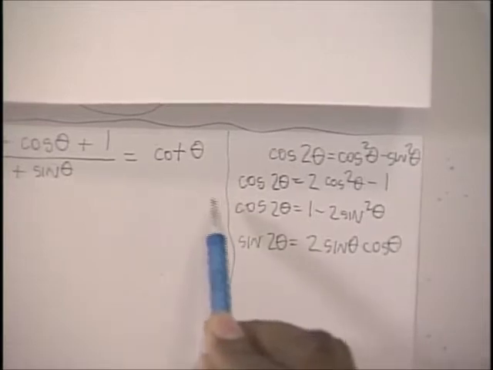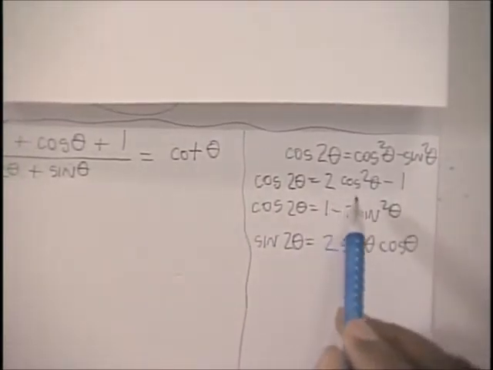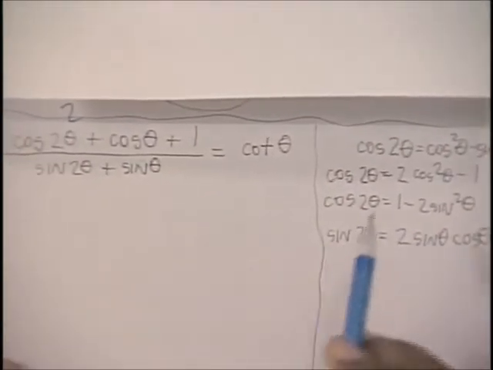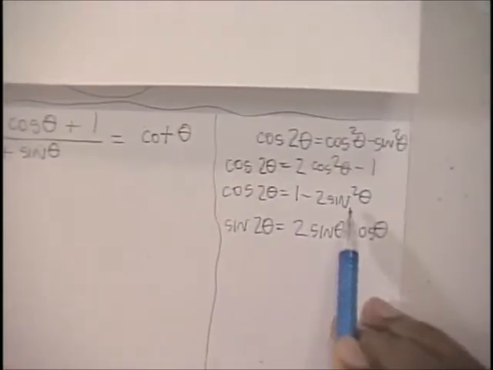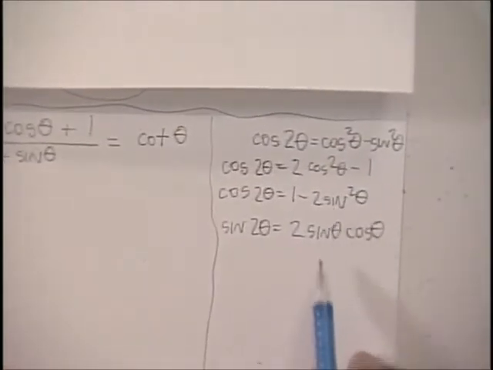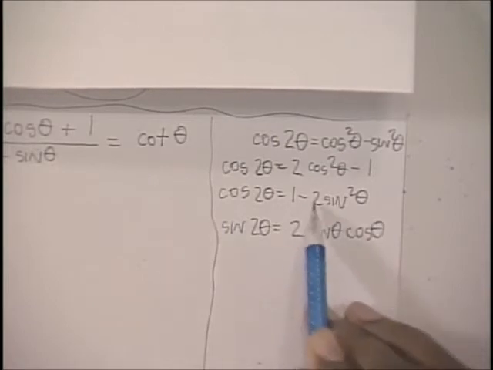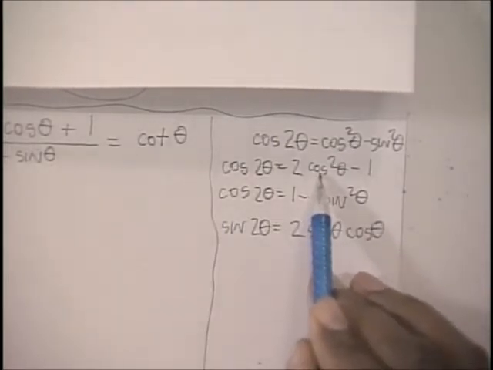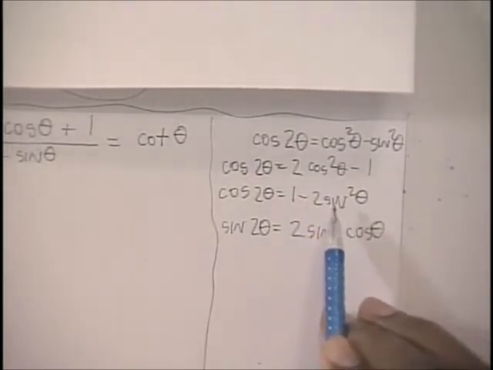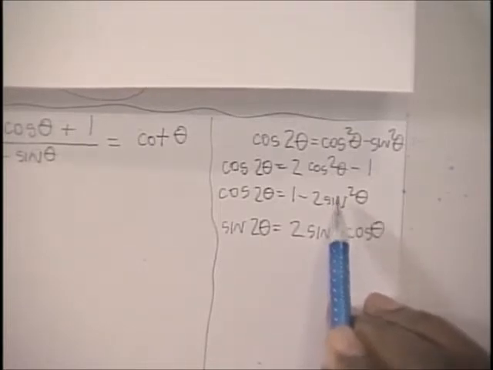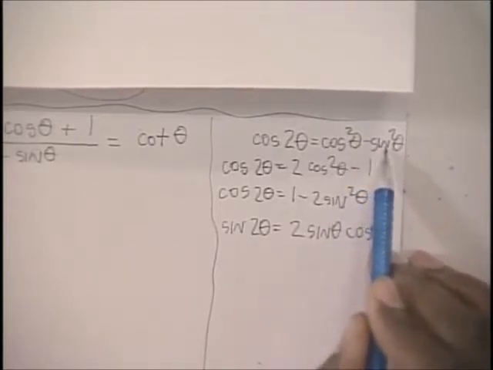So if I can get cosine on the top, I think that's going to be beneficial for me. I'm not going to use the others because they have sine in them.